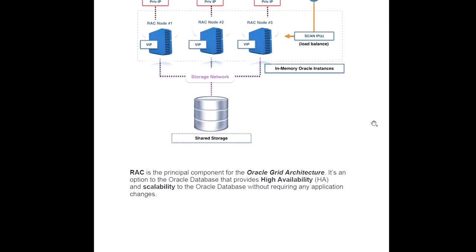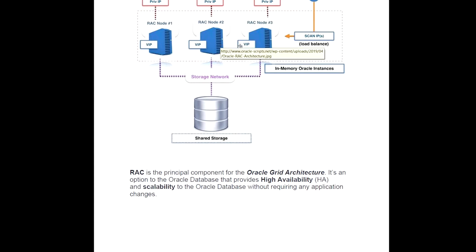Basically RAC is based upon the principle of Oracle grid architecture, and it is used for high availability and scalability. You are increasing your user connections, and throughout the time your multiple nodes will be available. Suppose one of the nodes is going down, another node will be available during that time.